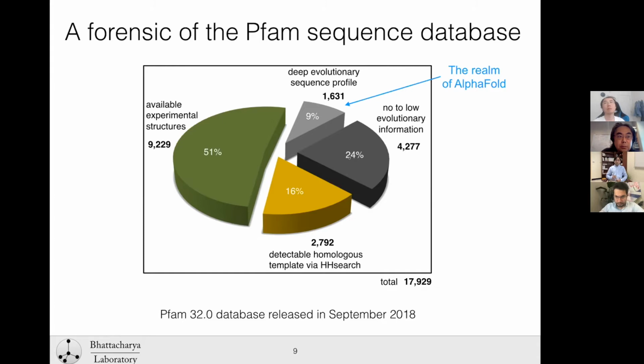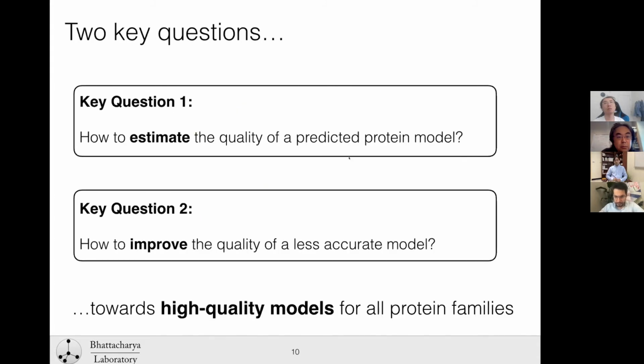So this brings us to two key questions. First of all, for the remaining part of the protein families which do not have experimental structures, and where we currently predict the structures using computational modeling, how do we estimate the quality of a predicted protein model and reliably know whether our prediction can be trusted or not?